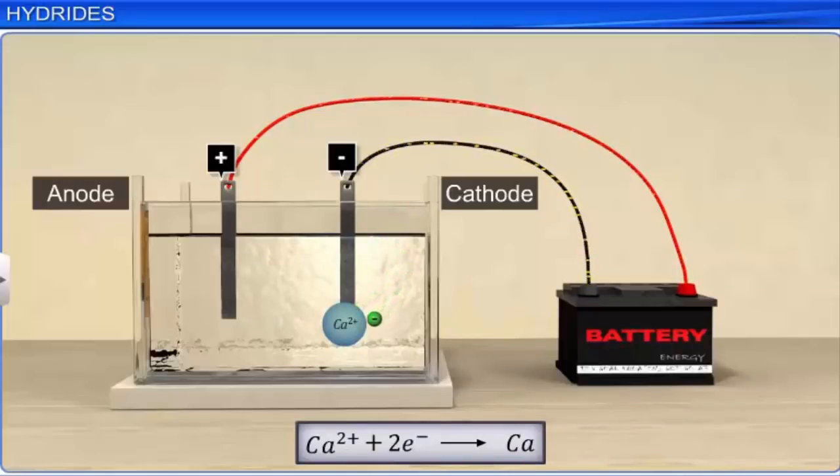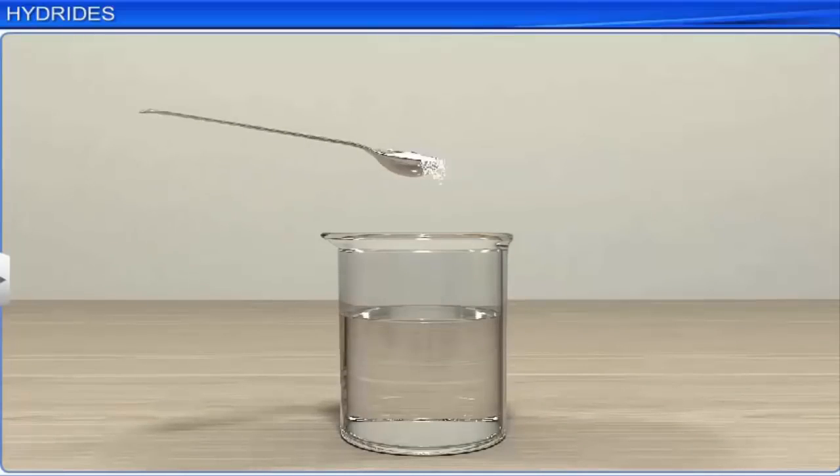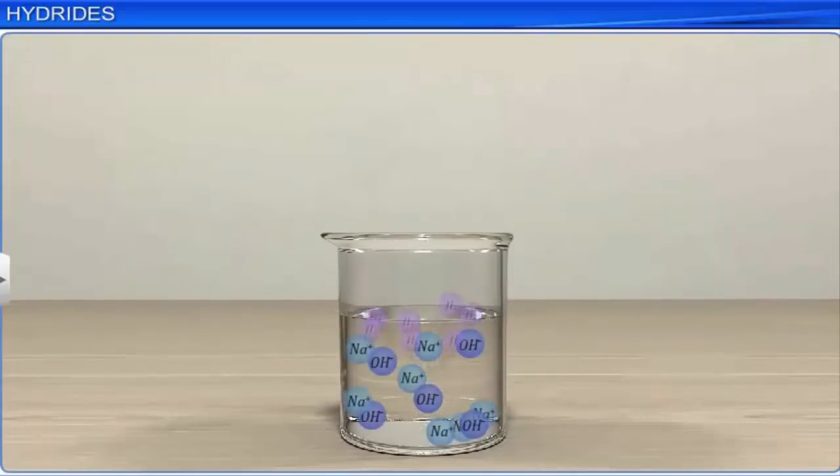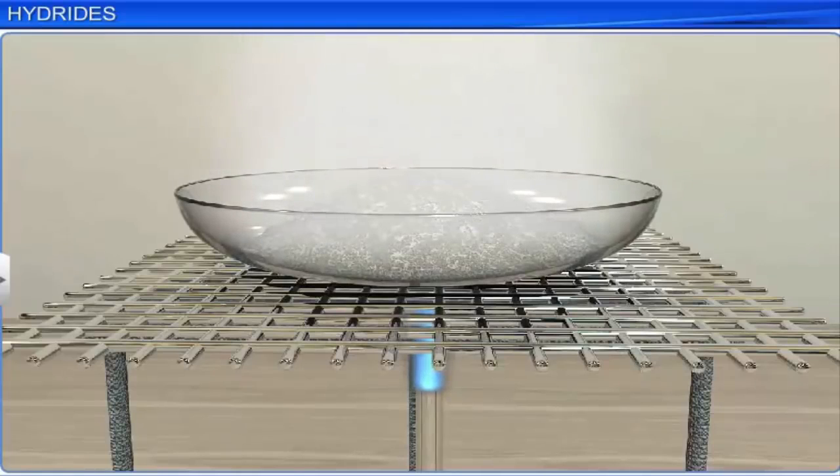Ionic hydrides react vigorously with water to liberate dihydrogen gas. For example, sodium hydride reacts with water to give sodium hydroxide and hydrogen gas. Ionic hydrides decompose into highly inflammable dihydrogen and undergo combustion when strongly heated in air.